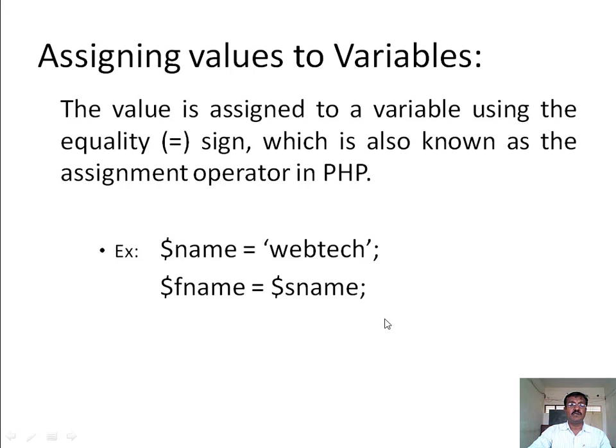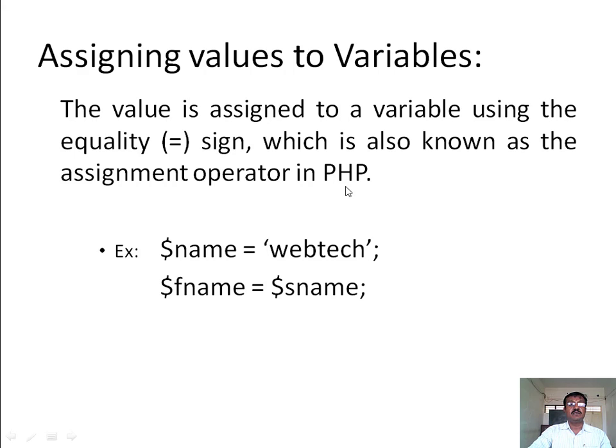Next, we are going to learn how to assign values to the variable. The value is assigned to a variable using an equal sign, which is also known as the assignment operator in PHP.